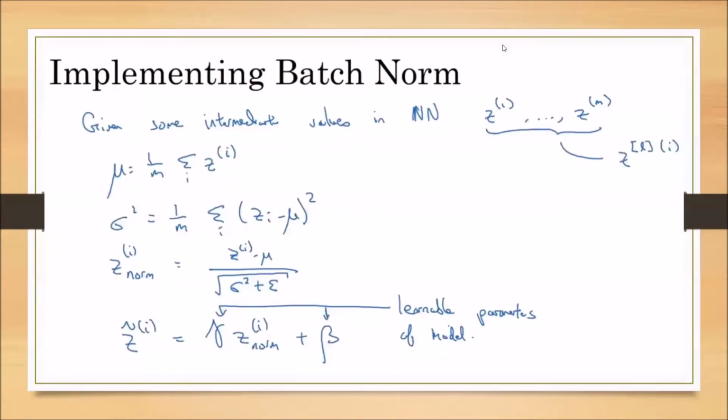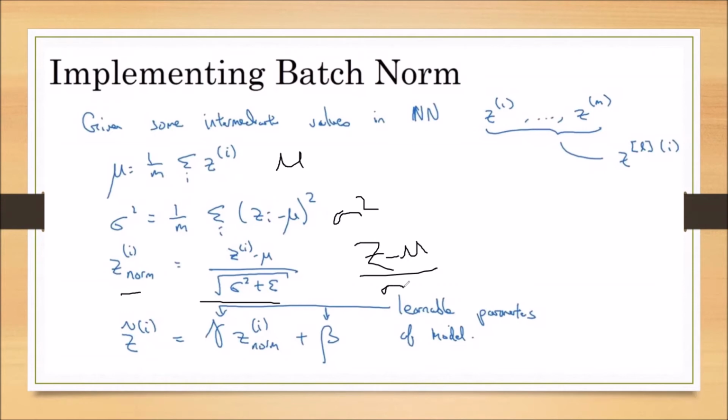So how do we normalize the Z values? First we calculate the mean. After that we calculate the variance, sigma square. Now the normalized Z value is equal to Z minus mu divided by the standard deviation sigma.